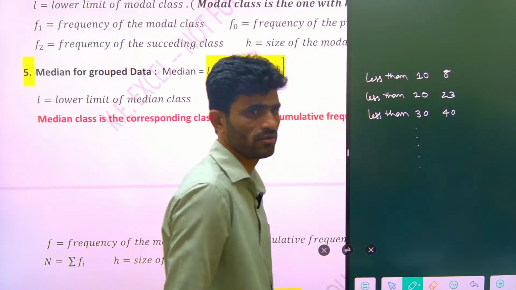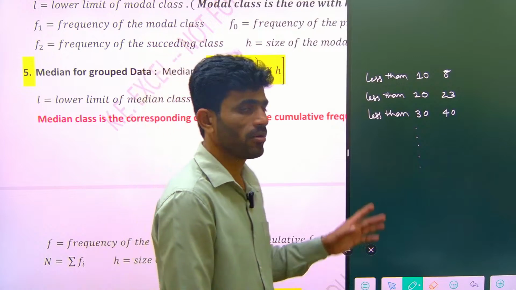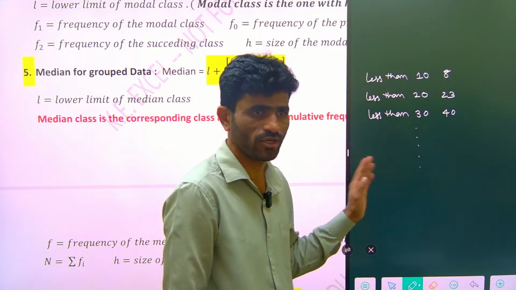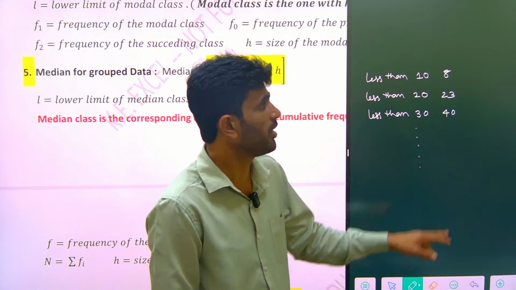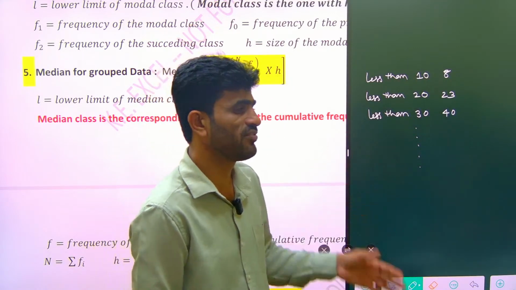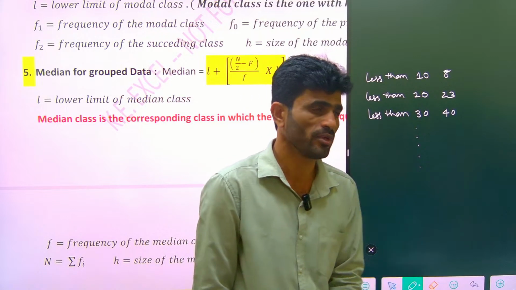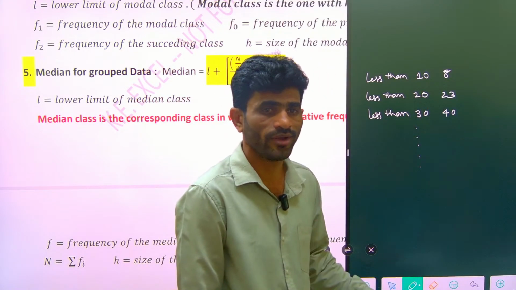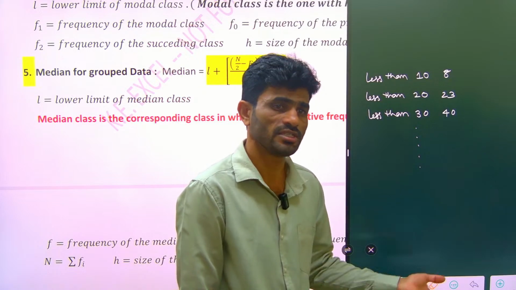In that case, I observed many students take class intervals correctly, 0 to 10, 10 to 20, 20 to 30. But while taking frequencies, if you take 8, 23, 40 directly, your answer will be wrong, because these are not frequencies here. They are cumulative frequencies. You have to find out the frequencies first.